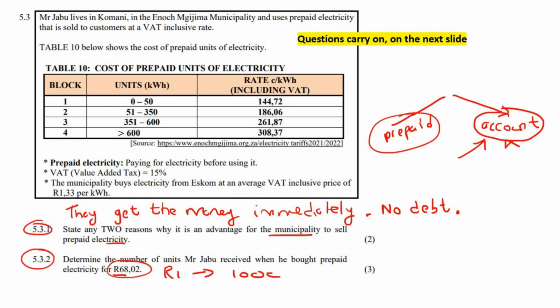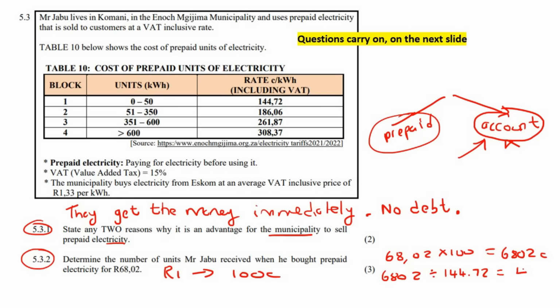So I'm going to multiply this by 100. And that would be 6,802 cents. So what I'm then going to do, if you look here, this is for every 1 unit, you're going to pay 144 cents. So let's see how many units he could get. So I'm going to say 6,802 divided by 144.72.